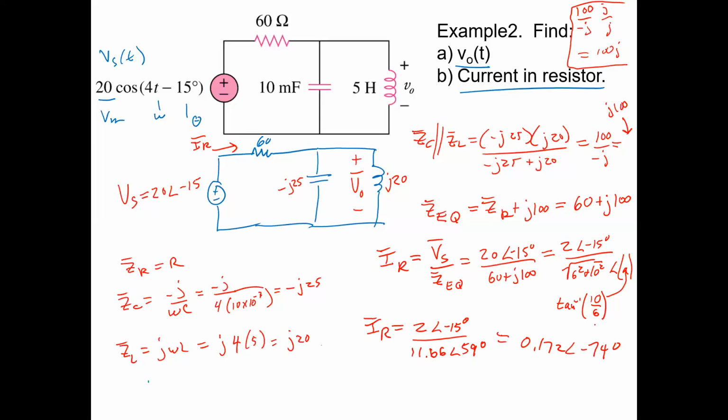So that's phasor IR, and then V0 is just going to be that times the equivalent. So it's going to be J100, the total equivalent of those two combined impedances, J100 times IR. It's minus 15 minus 59.